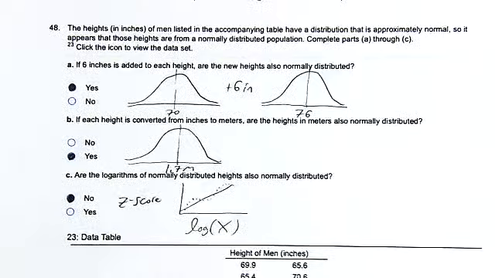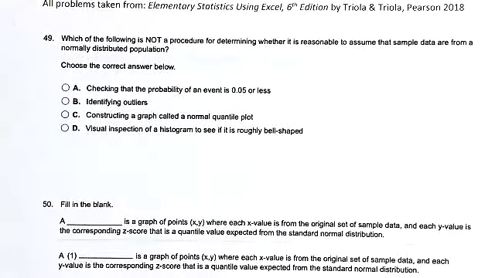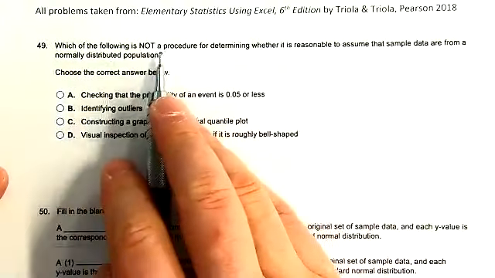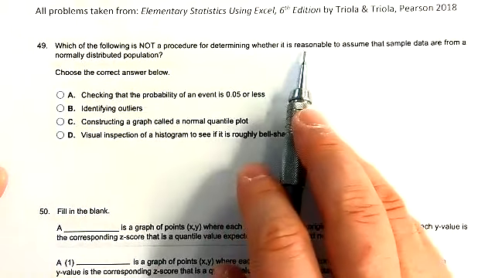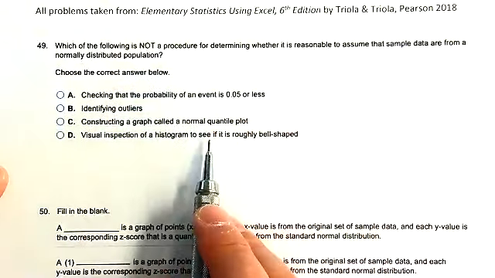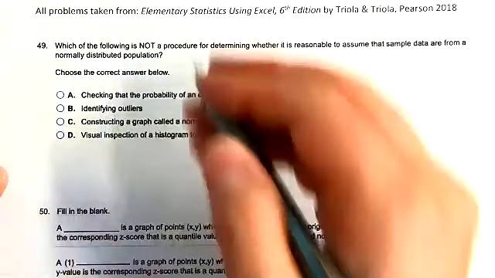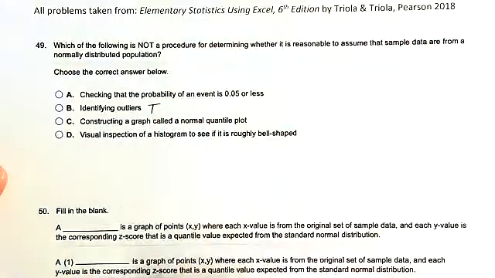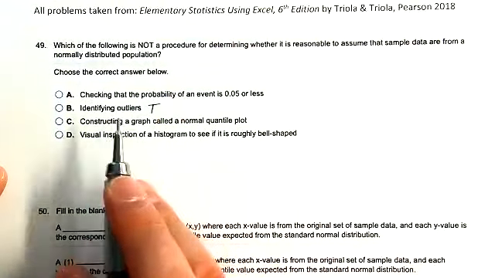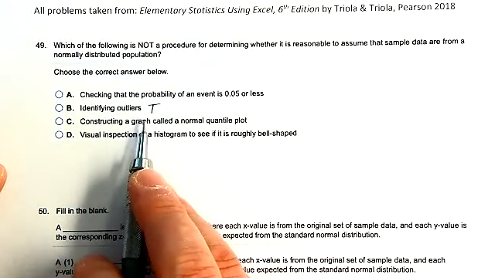Okay, 49. Which of the following is not a procedure for determining whether it is reasonable to assume that sample data are from a normal distribution? Identifying outliers. We did do that once, remember? In that one, we saw that outlier, and that hurt the normal condition.